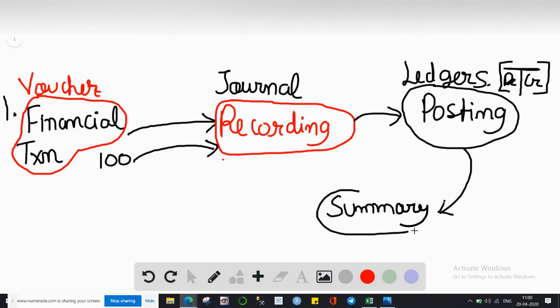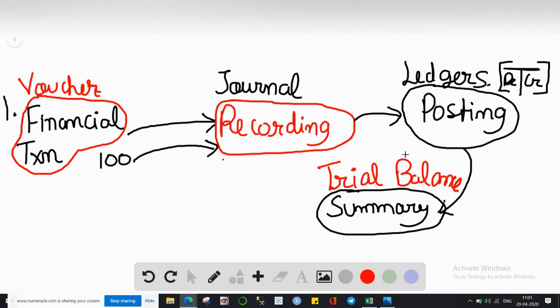Okay, after posting we have summarizing. We have a summarizing process. Although I've written summary, how do we summarize the ledgers or posting process? We do it through trial balance. The trial balance is a summary of balances of all the accounts in a summarized form.